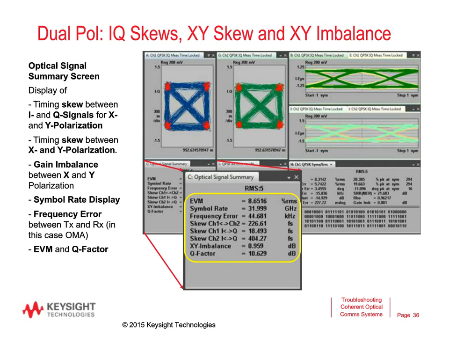Again, we have the optical signal summary that reports the most important parameters of your signal, starting with EVM, the symbol rate that's measured, the frequency error between the transmitter and the receiver, the skews between the two channels, the skews between I and Q inside the channels, IQ imbalance, and also the Q factor.